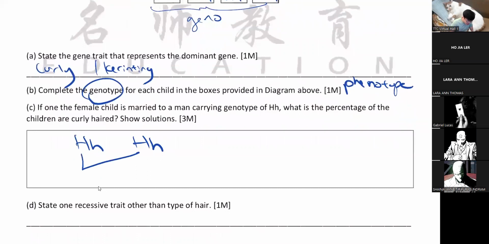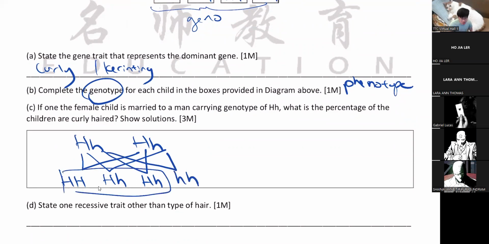So 1, 3, big H; 1, 4, big H, small h; 2, 3, big H, small h; 2, 4, small h. These three all have the dominant gene, so they are all curly. However, this one has both small genes, both recessive, so the recessive will show. This one will be straight hair.